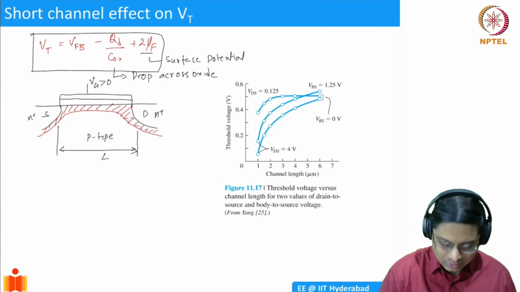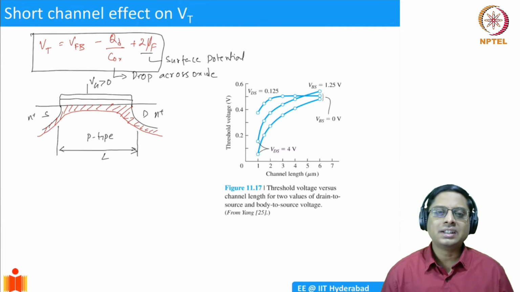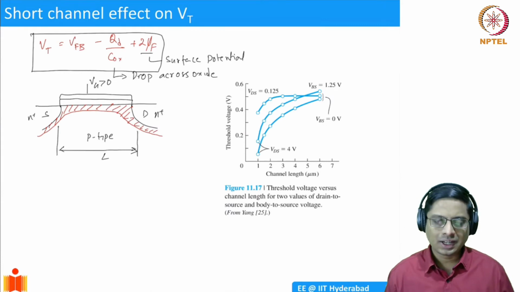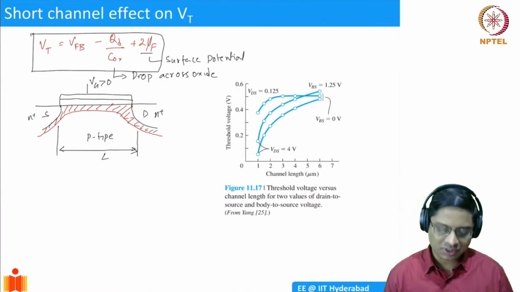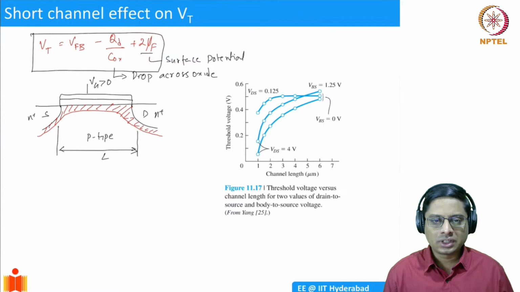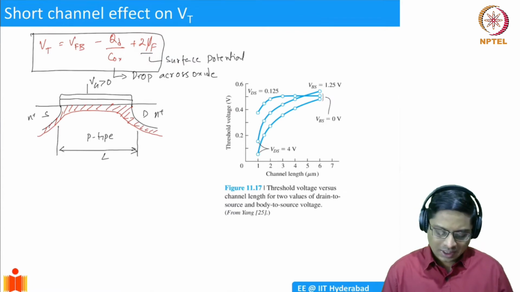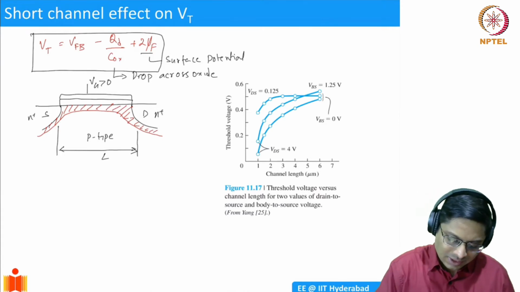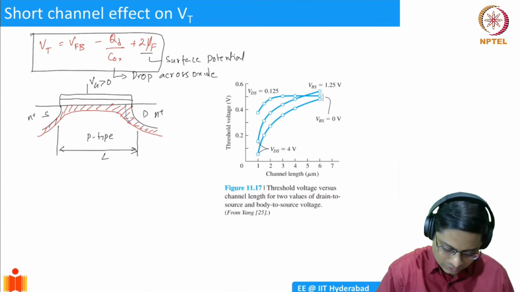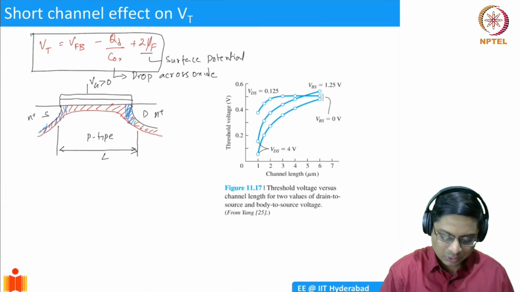So now, what is VT? VT is essentially the gate voltage required to first deplete the substrate and then create inversion charges. So it has to support the depletion charge, which appears in the VT expression as this 2 phi f. Now, when you have a long channel device, you must remember that there is this part of the junction which is supported by the source. This depletion region near the edges is supported by the source and the drain.